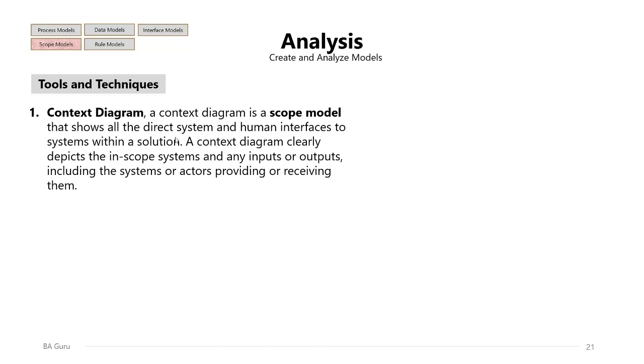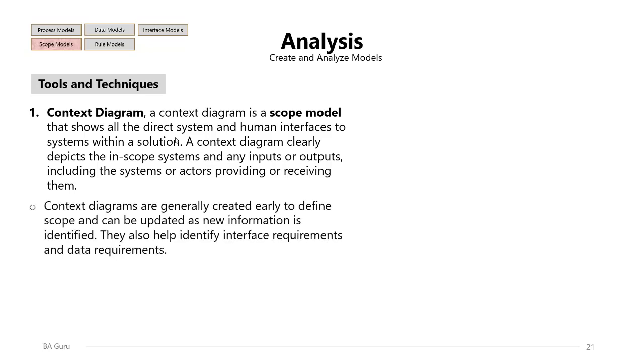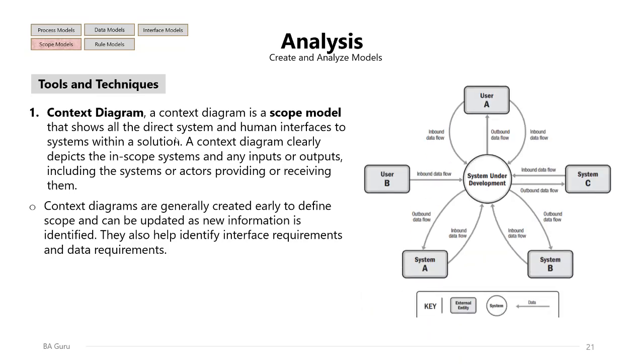You can see the system, which is part of the solution, and all the interaction with the human interfaces and the direct systems. Context diagrams are generally created early in the project in order to define the scope and can be updated as new information is being uncovered or identified. They also help identify interface requirements and data requirements. So this is how a context diagram should look like.